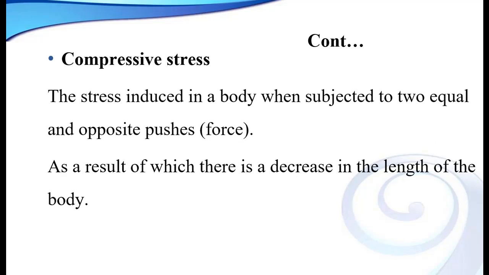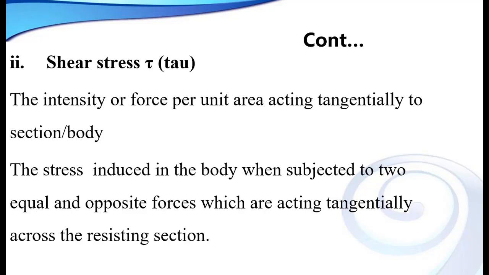Compressive stress is the stress induced in the body when subjected to two equal and opposite pushes, and it results in a decrease in length and an increase in the cross-sectional dimensions. Shear stress is the intensity of force applied per unit area, acting tangentially to the section.